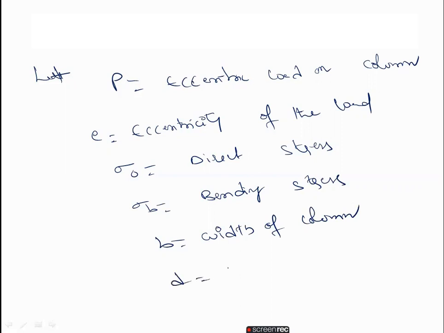D is the depth of the column. So, my dear students, P is the eccentric load on the column, E is the eccentricity of the load, sigma naught is the direct stress, sigma B is the bending stress, B is the width of the column, and D is the depth of the column.